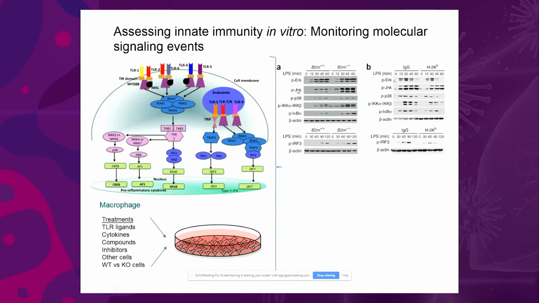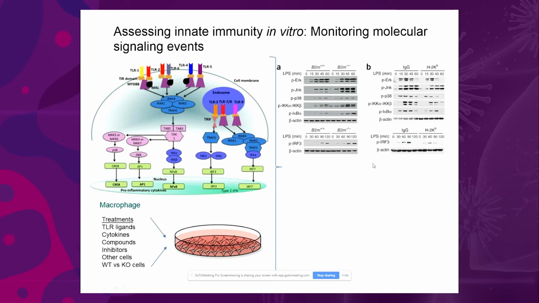These are just examples I took from papers. You can look at the activation of JNK kinase, p38 MAP kinase, activation of I-kappa-B kinases, phosphorylation of I-kappa-B alpha, and activation of interferon-regulated transcription factors like IRF3.